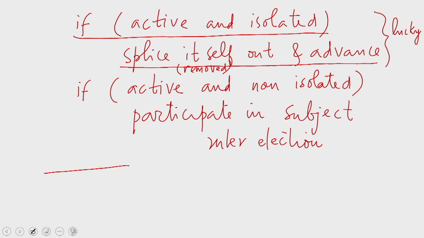If a node is active and non-isolated, then it will participate in the subject ruler election and will advance forward only if its node has been chosen a subject.